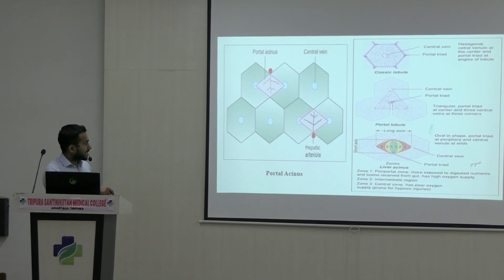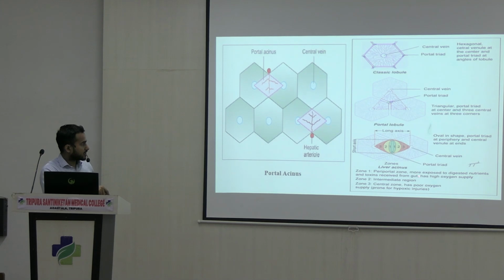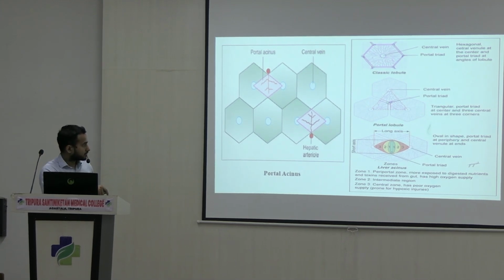Next, the branch of the artery which is supplying this particular area, depending on that, three zones are there: zone 1, 2, and 3. Okay, so you can see zone 1, the periportal zone, is more exposed to digestive nutrients and toxins received from the gut, and has high oxygen supply.